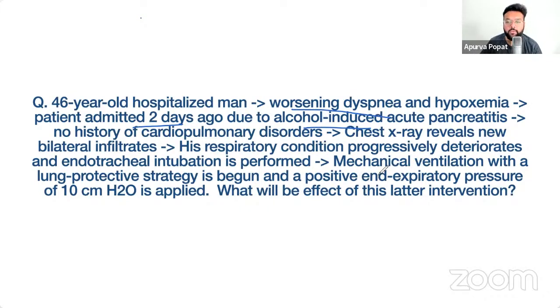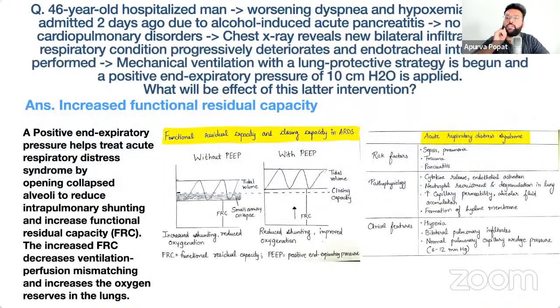In ARDS, you intubate the patient, plan mechanical ventilation, and put some PEEP. PEEP is high, and again there is the same question: if you are increasing PEEP, what will it do to the shunt? It will decrease the shunt. Very good.